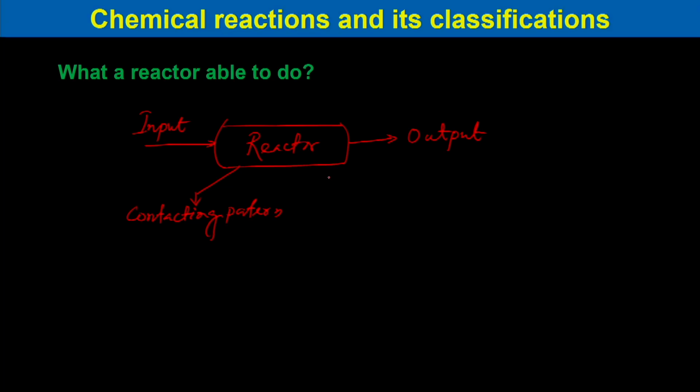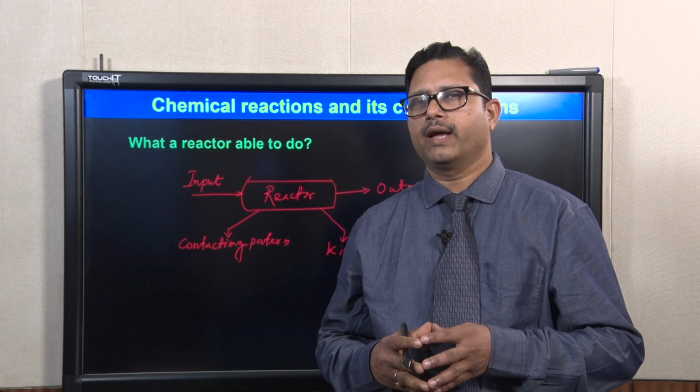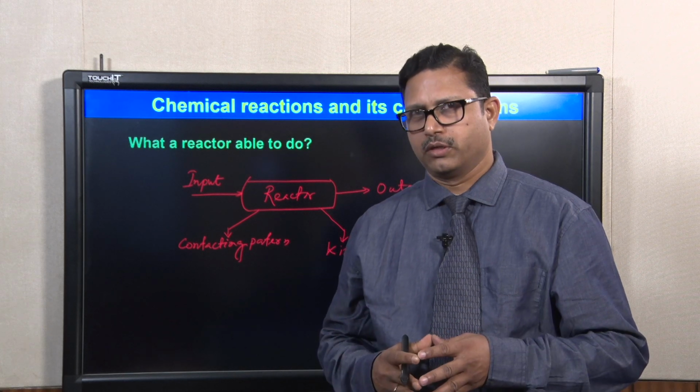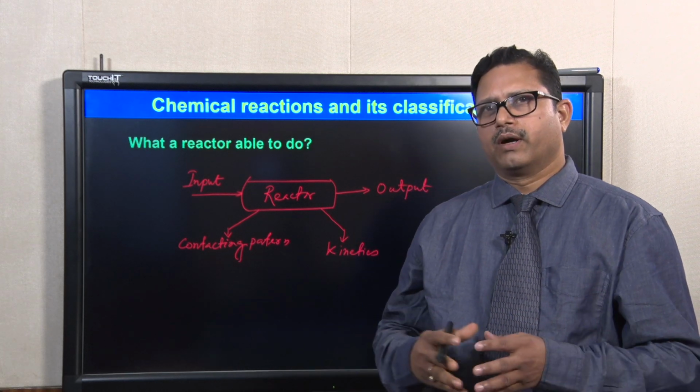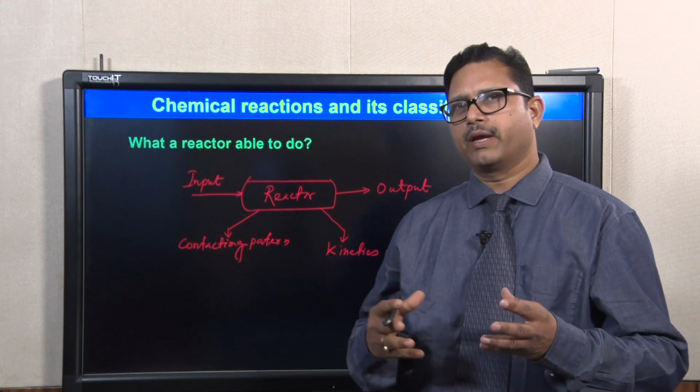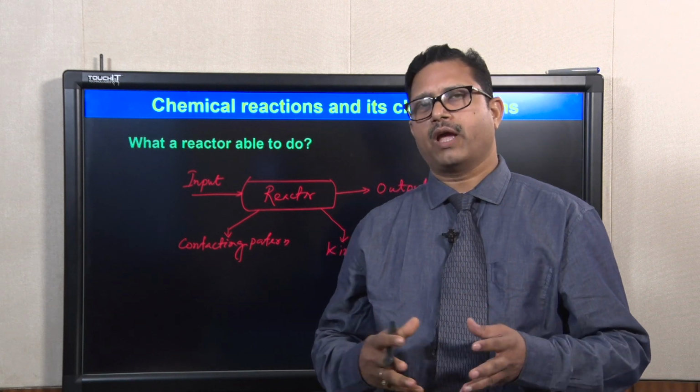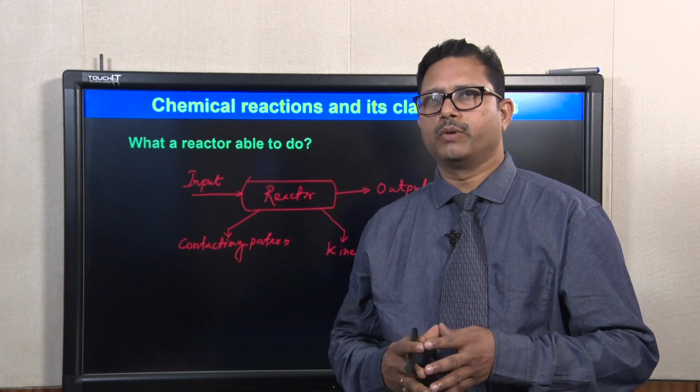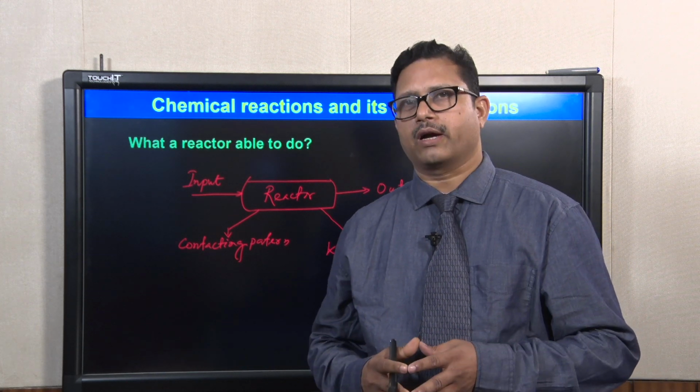Similarly, we should also know the kinetics of the reactions, whether the reaction is very fast, and if it is very fast, then the equilibrium will tell us what product will be produced. Similarly, if the reaction is very slow, then the chemical kinetics or the rate of reactions would tell us what would be the chemical kinetics for that reaction.